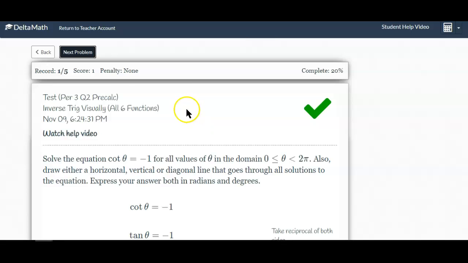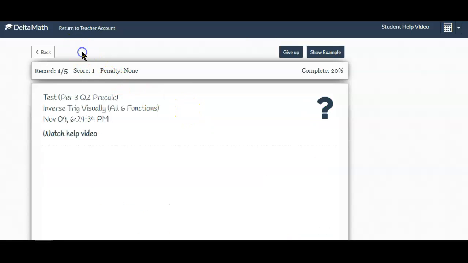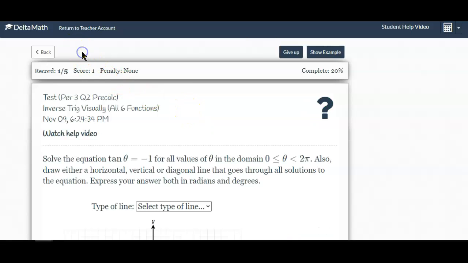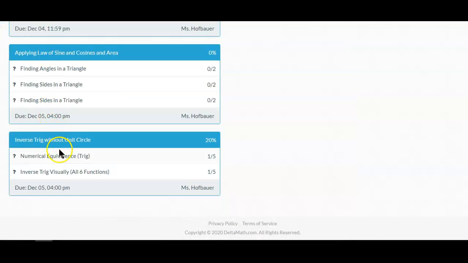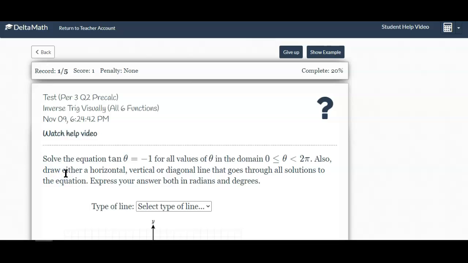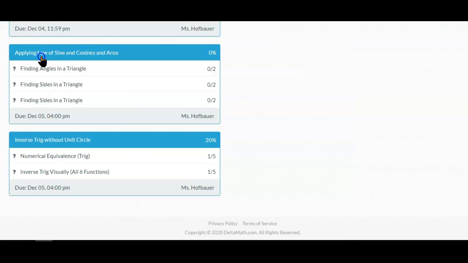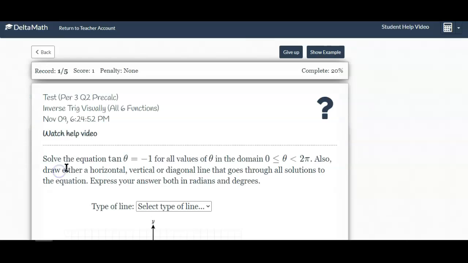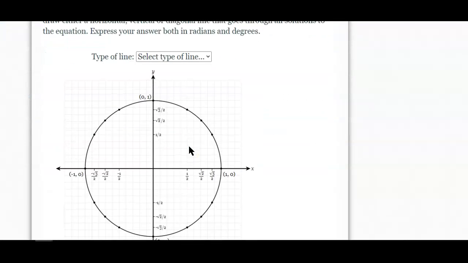Okay, we got it right. I'm going to pick another problem. I don't want to do tangent. Well, I think I'm going to have to go into this a different way if I don't want to do that problem. All right, I'll do tangent real quick.